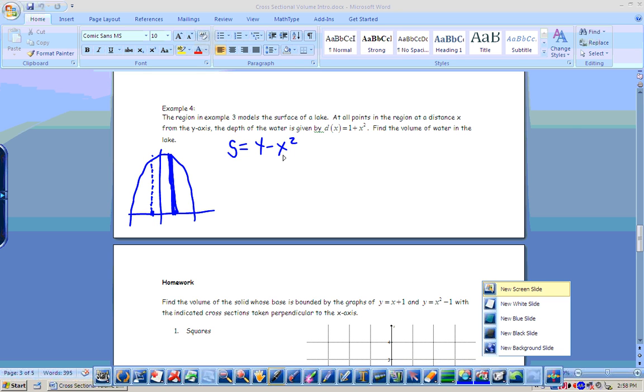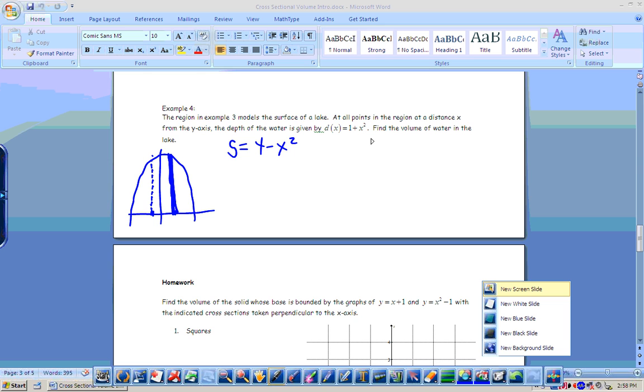Now, if you picture, we're looking at a bird's eye view of this lake. So the depth of the lake along every single point in this vertical line is 1 minus x squared. So the cross sections are going downward instead of being built upward, which is the way we visualized some of the other ones.